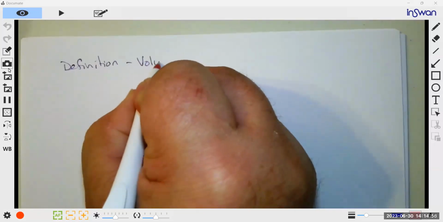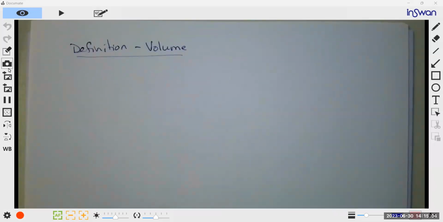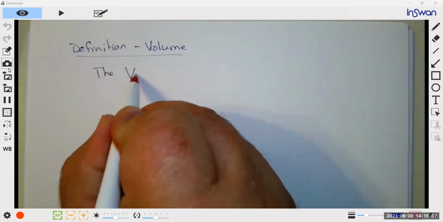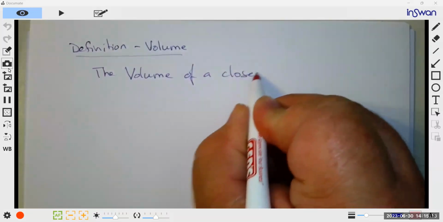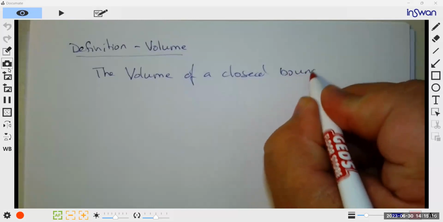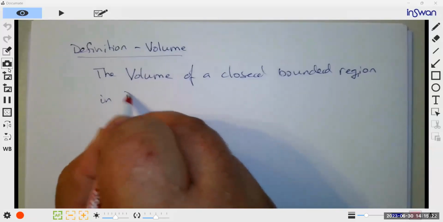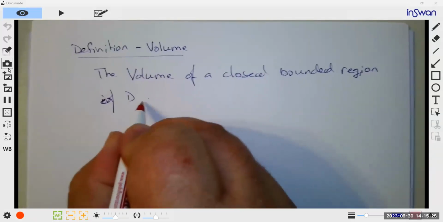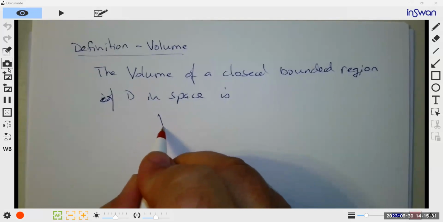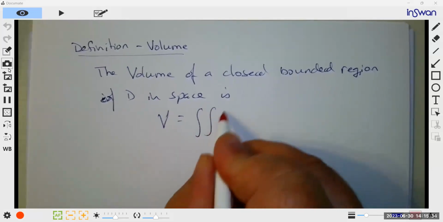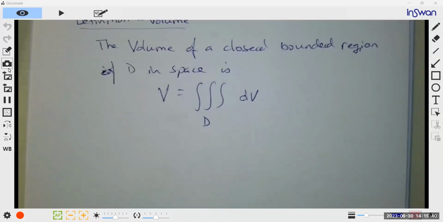Let's define volume. The volume of a closed bounded region D in space is defined as the volume equals the triple integral of dv.